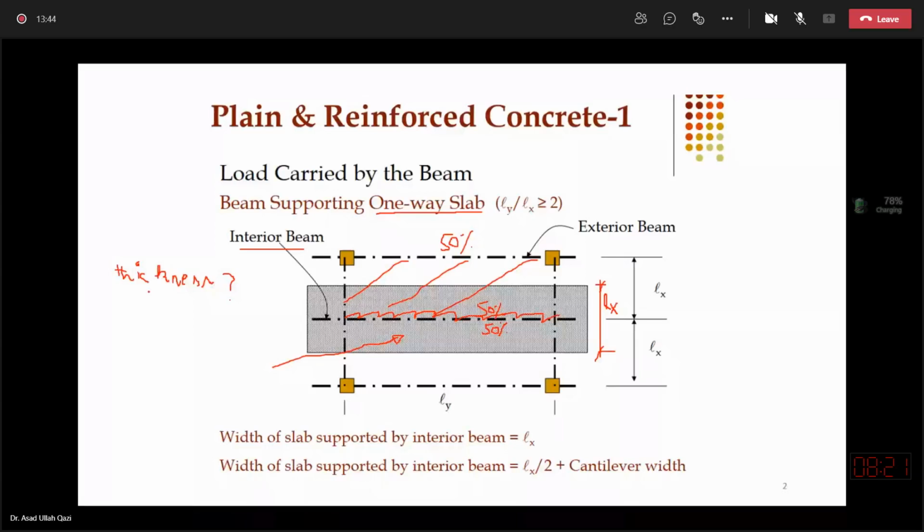Here, since we are at the moment discussing beams, if we know that this slab has the thickness 150 millimeter, which is the h of the slab, and furthermore, above this slab there is a floor finish.